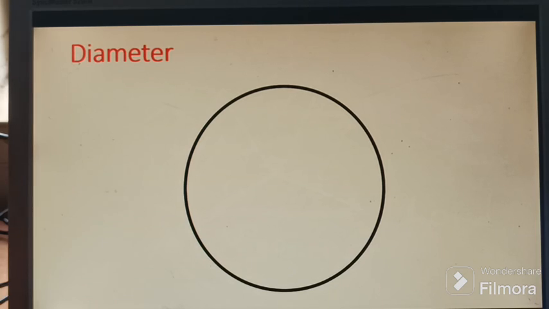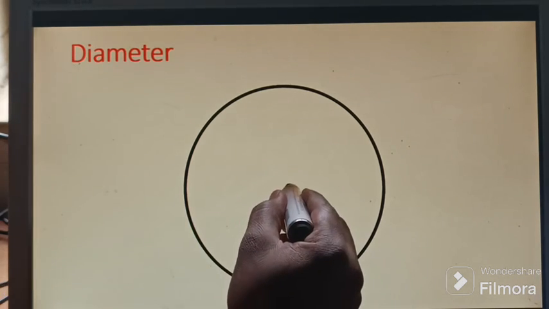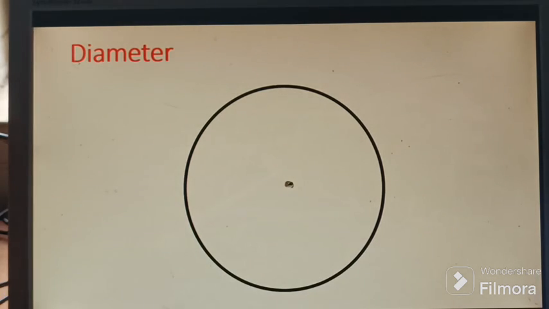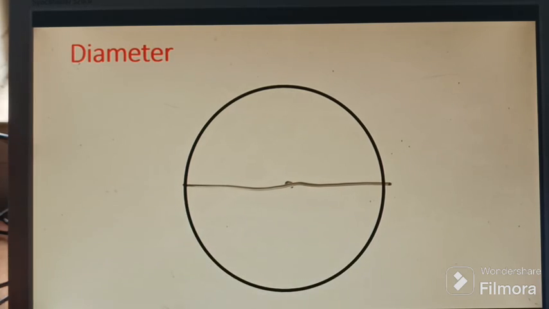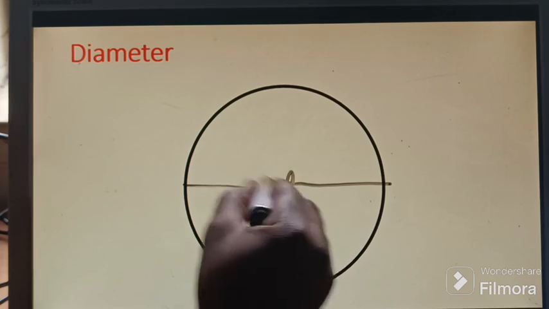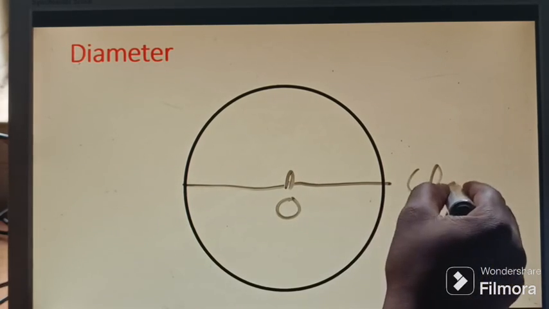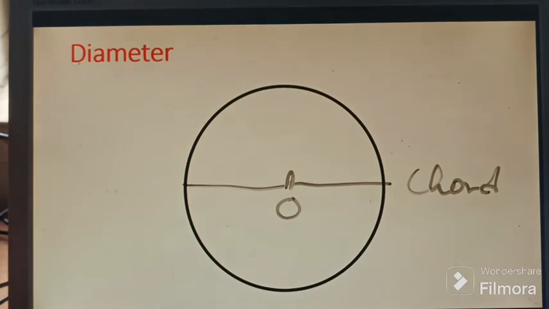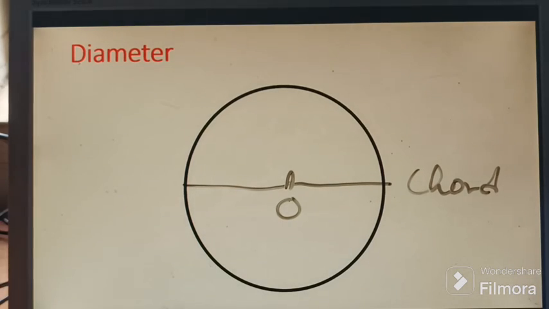So the diameter is also a chord. A diameter is a special chord. Why is it special? Because it passes through the center. So this is our center, and if a chord passes through the center of the circle, that chord is called the diameter.